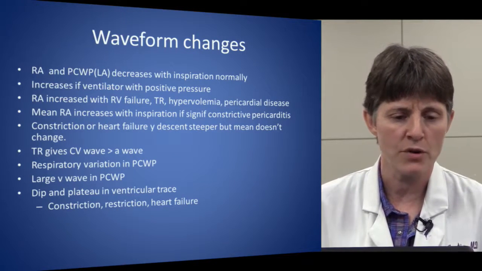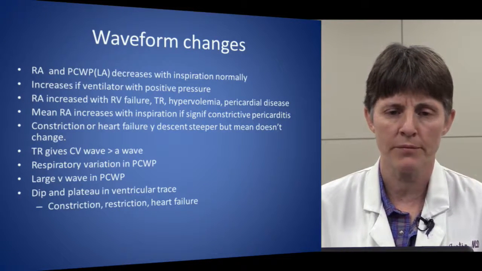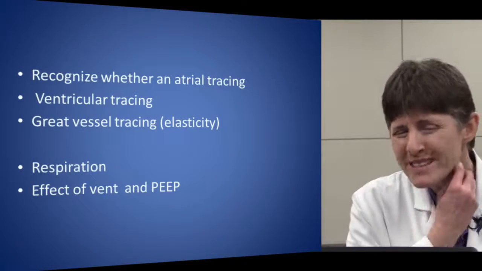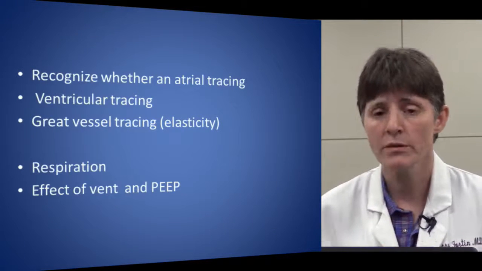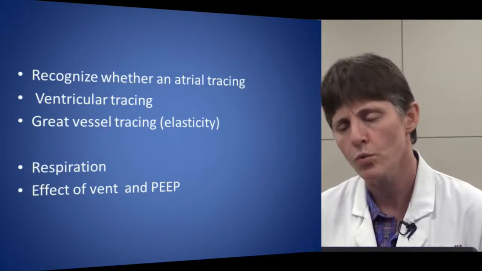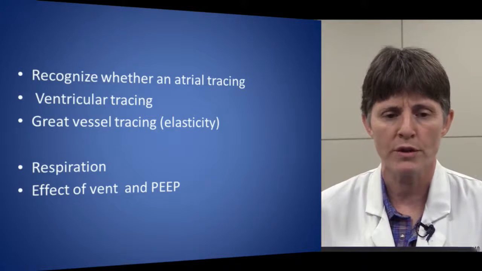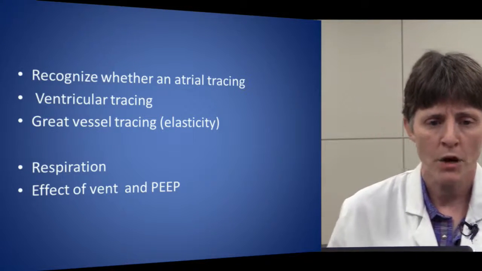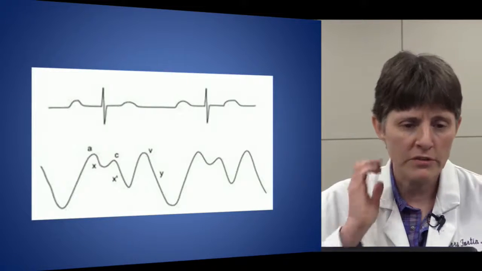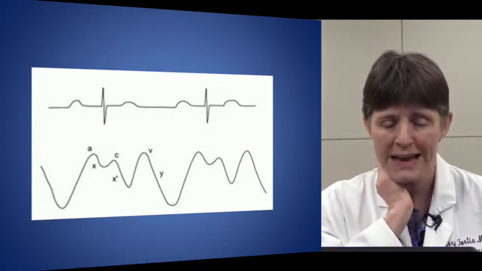You'll see again in the tracings that we show that these variations are important. You need to basically be able to recognize whether the tracing is an atrial tracing, whether it's left or right, and we'll call the wedge an atrial tracing, whether it's a ventricular tracing, or if it's a great vessel tracing. So this is a little schematic of what you'll see.